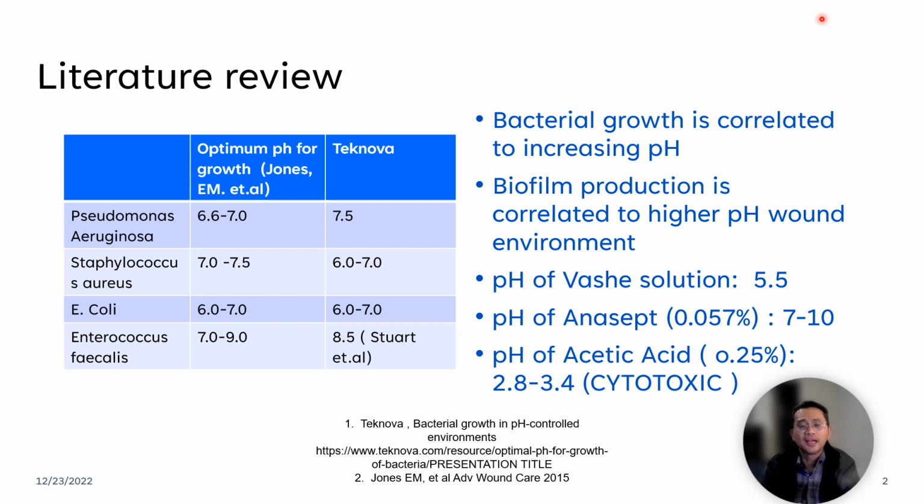However, even its effectivity for Pseudomonas is controversial in the literature. But in my experience, as soon as I see a greenish discharge, I cleanse the wound with acetic acid, and usually it takes 1 to 2 times, and the greenish discharge goes away, and then the wound will start healing again.